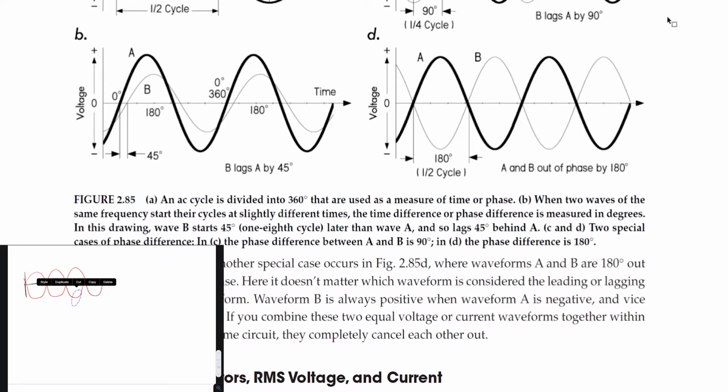So A and B are 180 degrees out of phase.